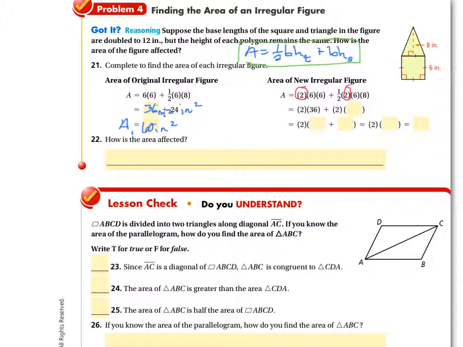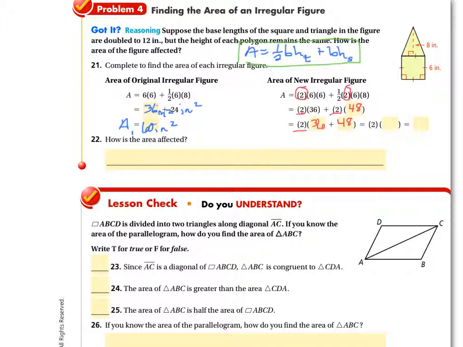Now look at what they did. I don't know why they would do this, but they took the 2 out of both of those and factored it out in front, didn't they? So you've got your 36 here. And then what's 6 times 8 from here? 48. And so that 48 goes here. I don't have room to put in my units of measure.